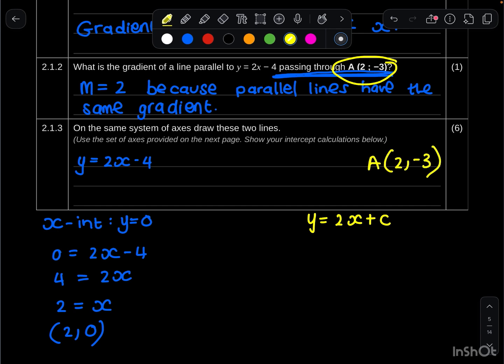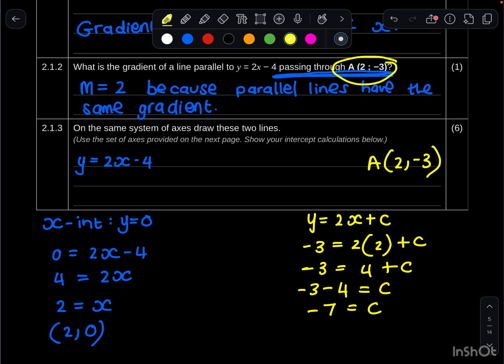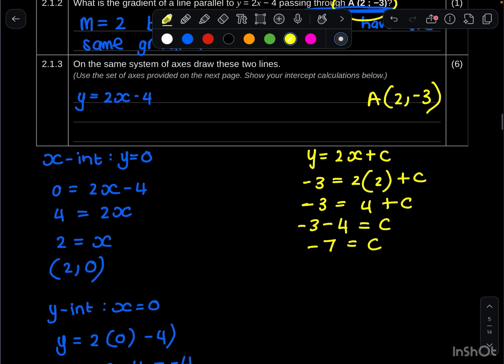So let's sub that in. So y is minus 3 is equal to 2 times 2, because that's the x value, plus c. We got minus 3 is equal to 4 plus c. Take the 4 across, it's going to be minus 3 minus 4 is equal to c. That is going to be minus 7 is equal to c. So this line, y is equal to 2x minus 7.